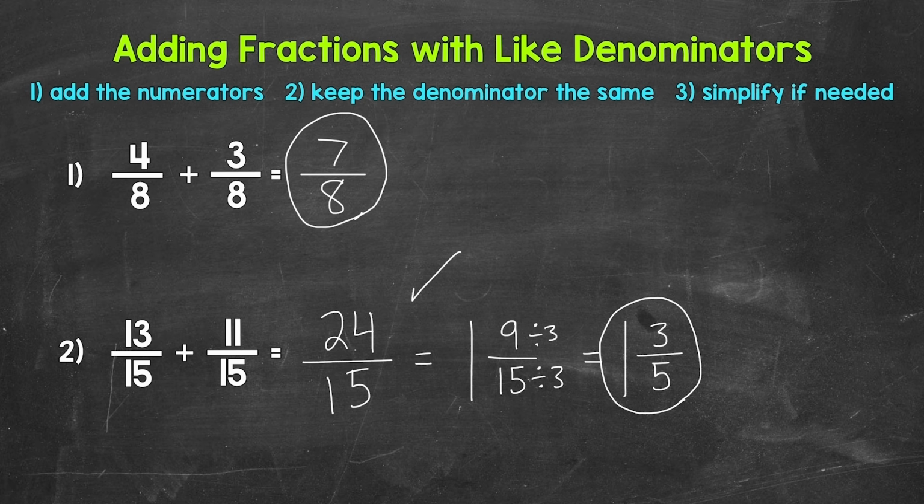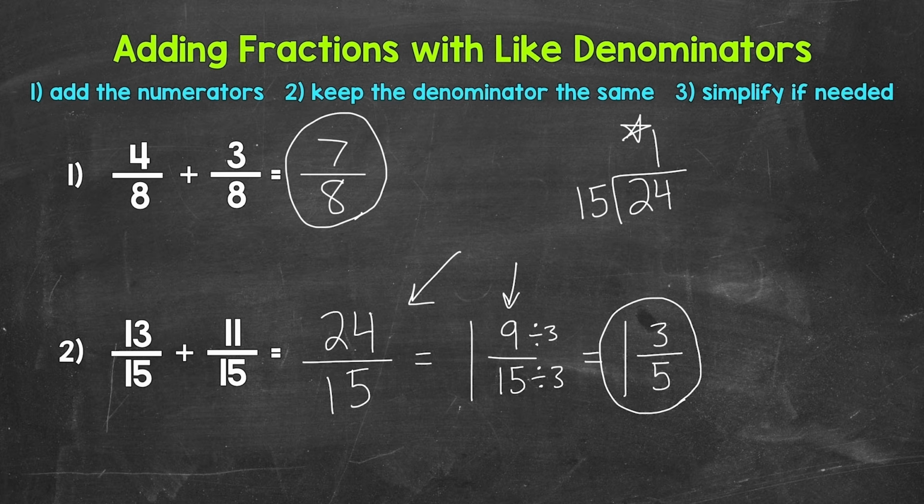Now I do want to go back to how we converted 24/15 to 1 and 9/15. Again, we divided the numerator, 24, by 15. How many 15s in 24? Well, 1.